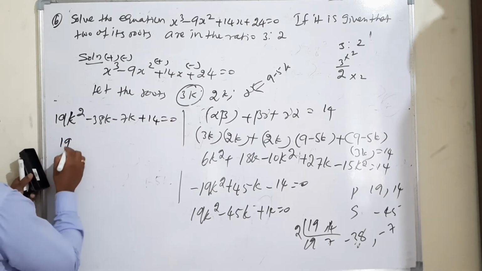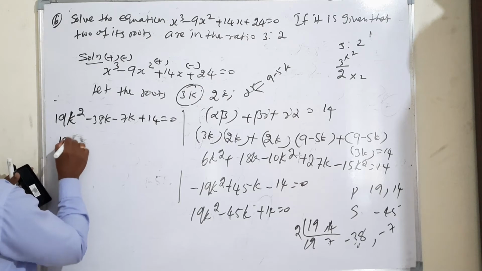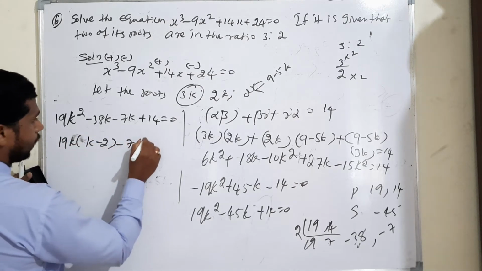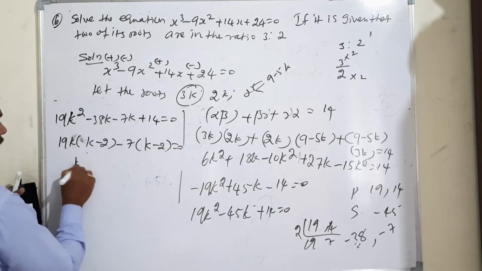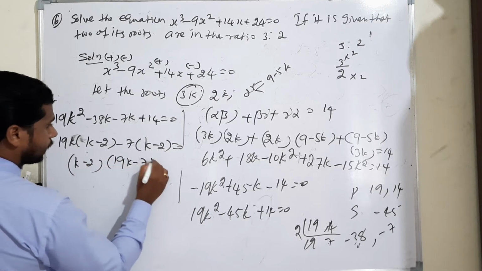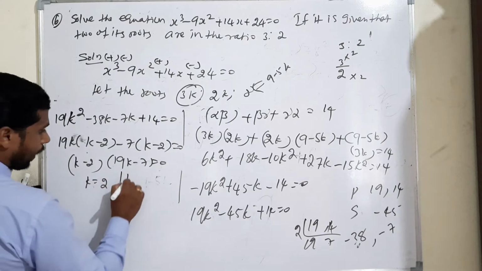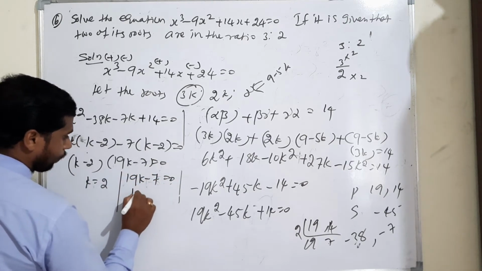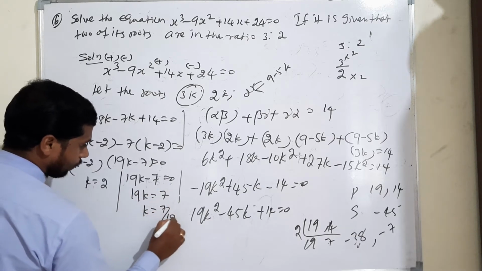Again, taking 19k common outside, k minus 2. Taking minus 7 common outside, again k minus 2 is equal to 0. Now the common factor is k minus 2, remaining 19k minus 7 is equal to 0. So separately, k is equal to 2, one answer. Another one, 19k minus 7 is equal to 0. Therefore 19k is equal to 7. Therefore k is equal to 7 by 19.